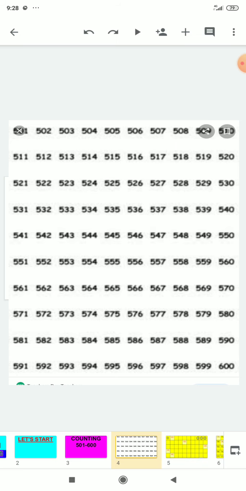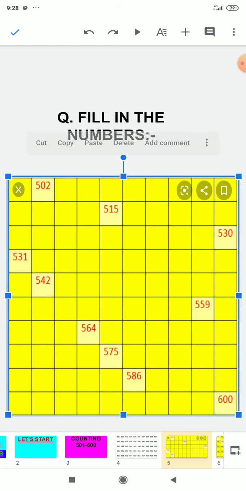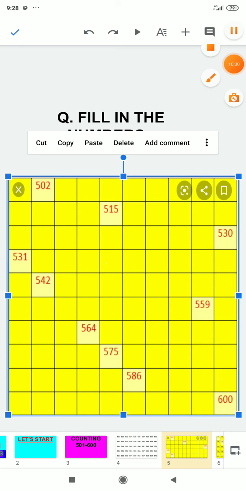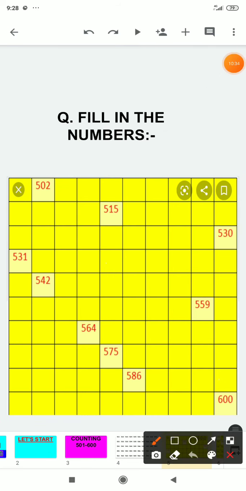After this you have to write down this question also, fill in the numbers. In this question, whatever number is not given here, you have to write down in the given places.